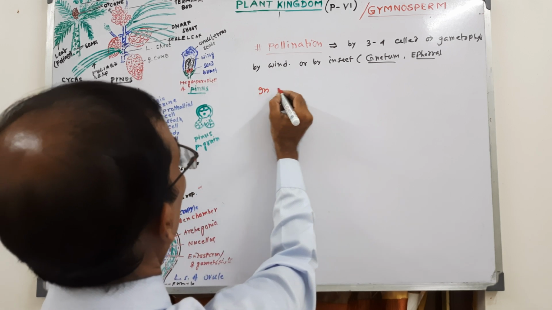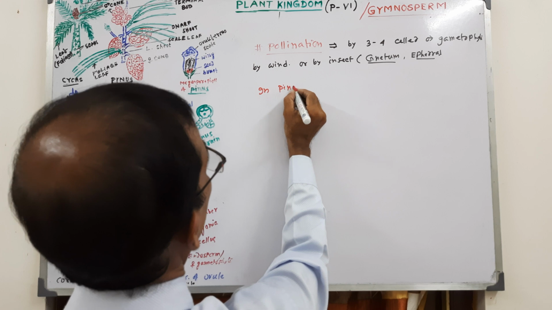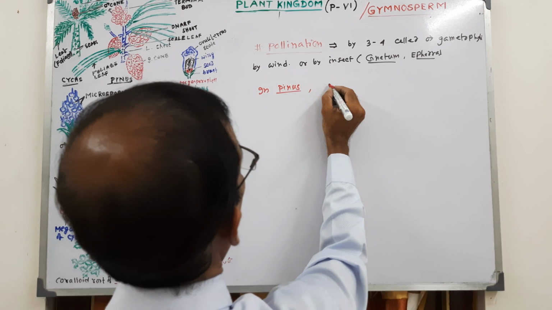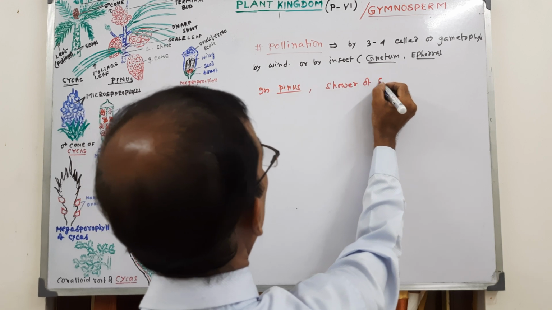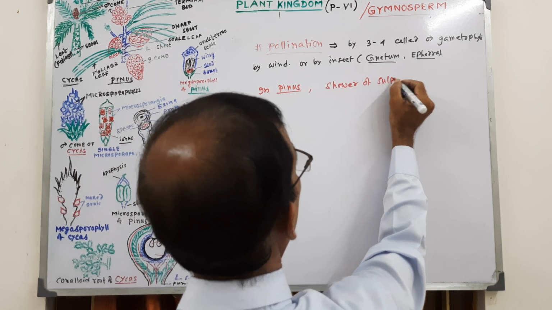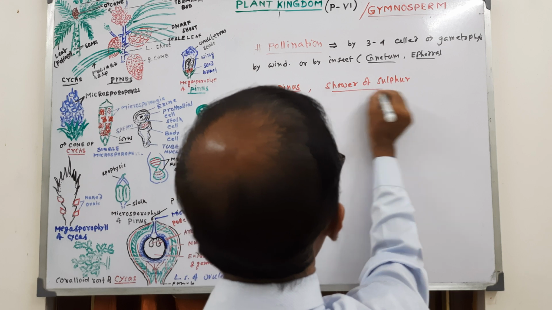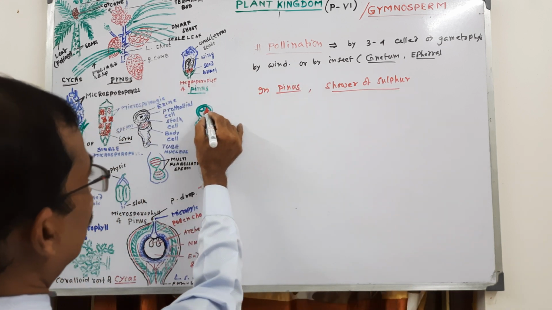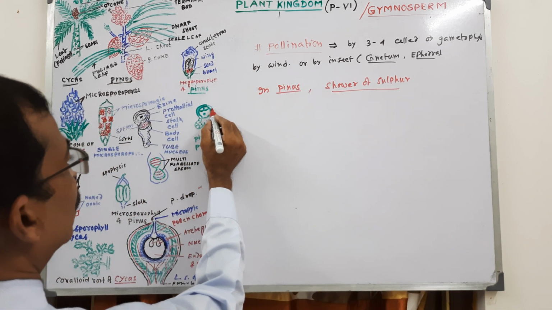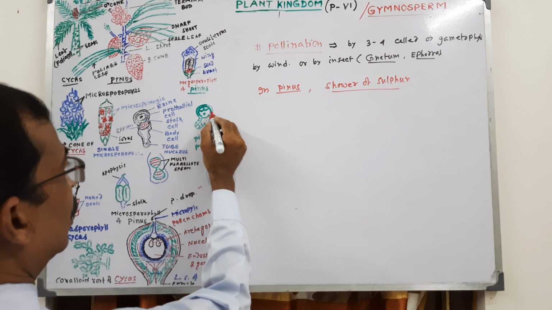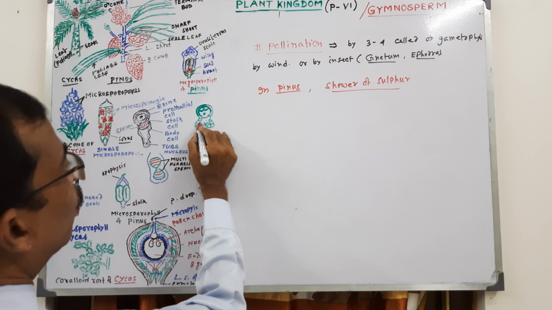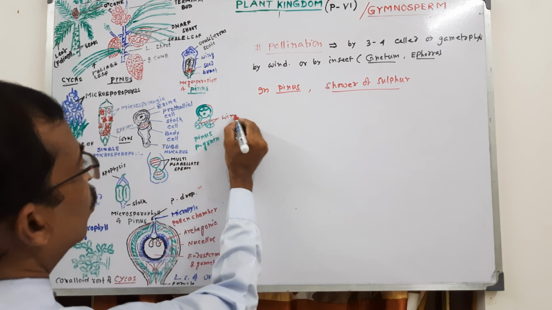a special type of pollination is found in Pinus, that is shower of sulfur. Look here, this is the Pinus pollen grain, with exine and intine. The exine is prolonged and extends to form the wing, an acellular layer.